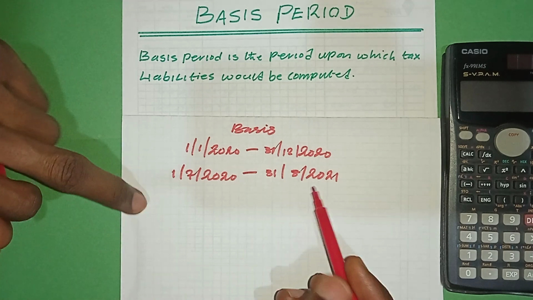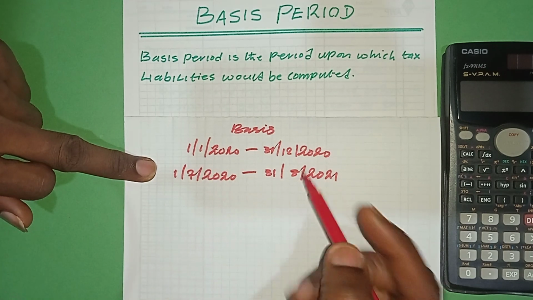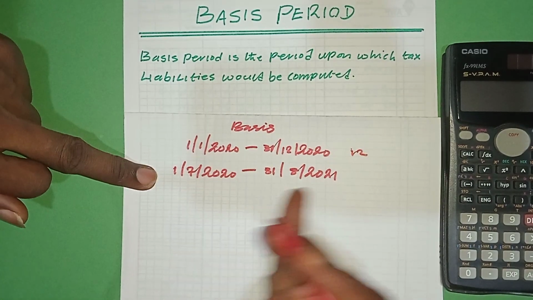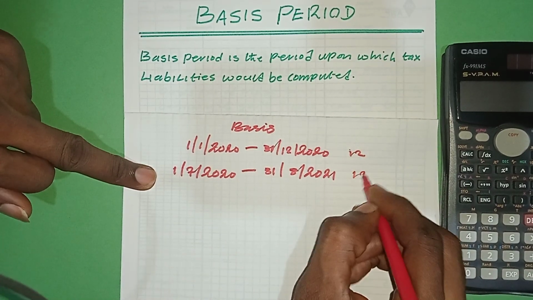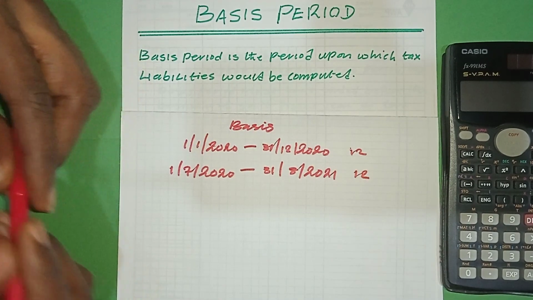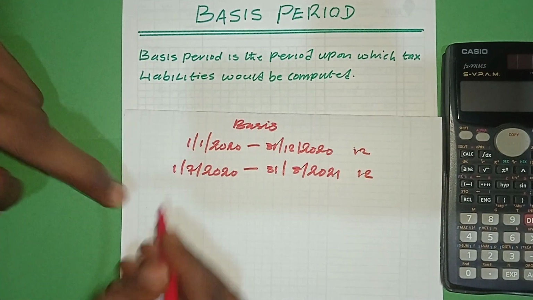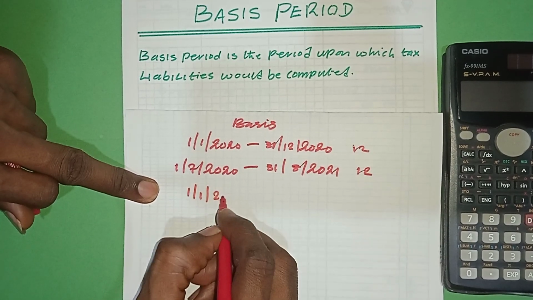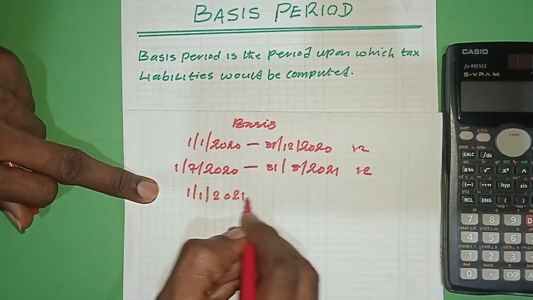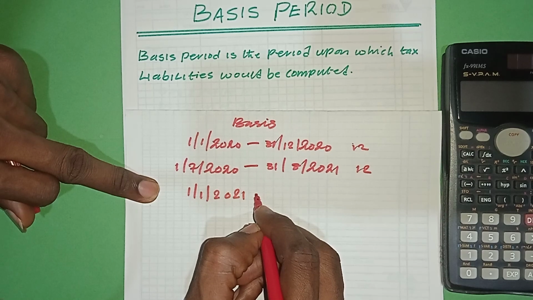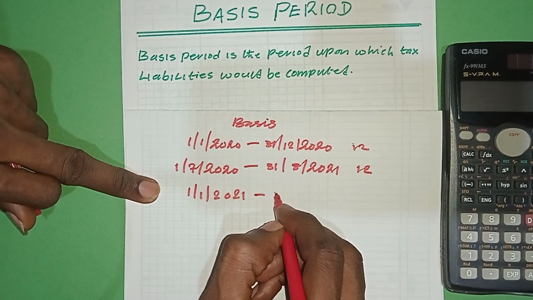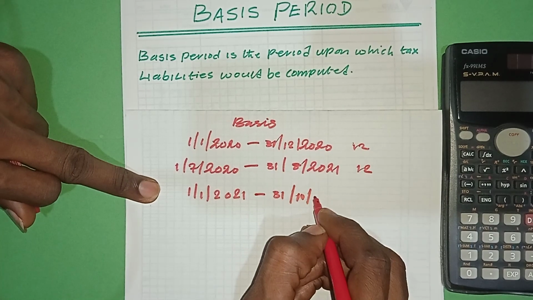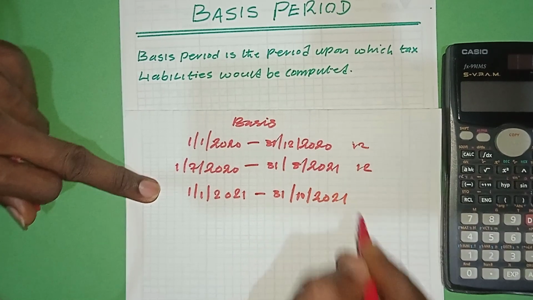Now, this is the period. If you check from here to here, you find out that it is 12 months. You check from here to here, you find out that it is what? 12 months. At times, you might see a basis period like this: from 1st January 2021 to 31st October 2021.